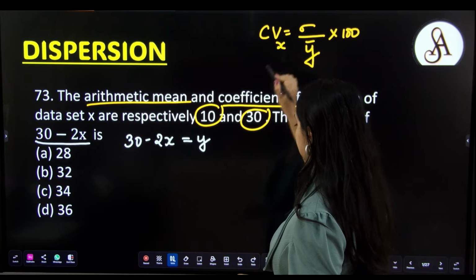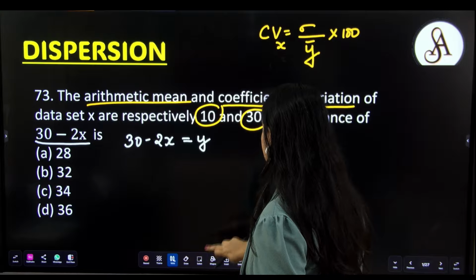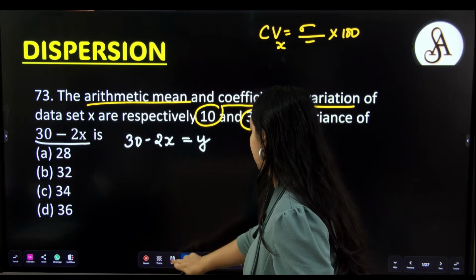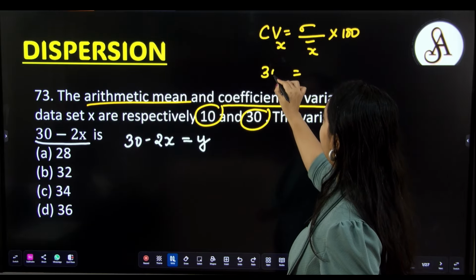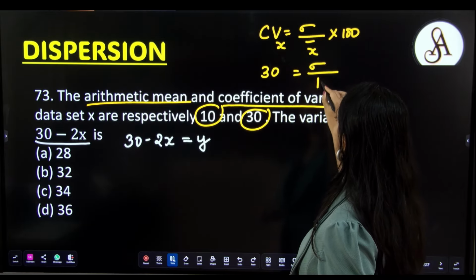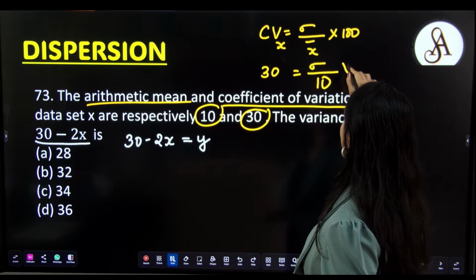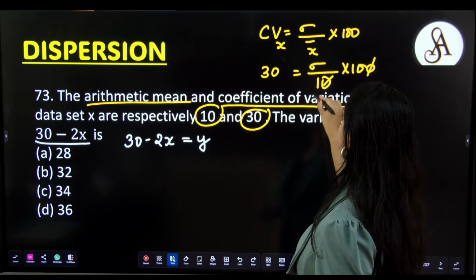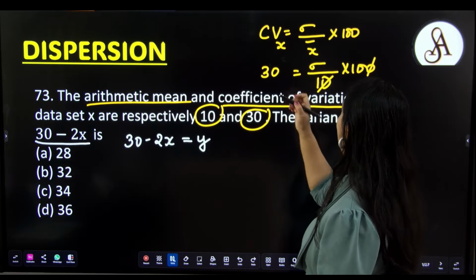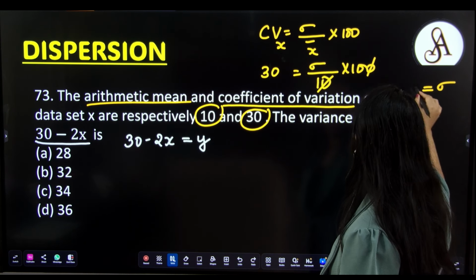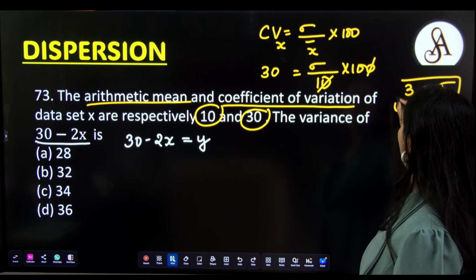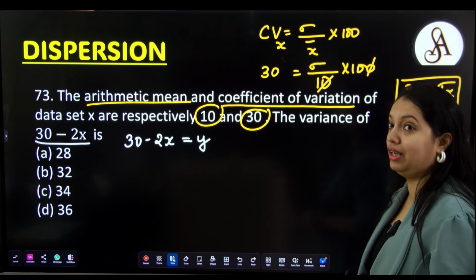So for x, it becomes sigma by x bar into 100, where 30 is equal to sigma divided by x bar, the arithmetic mean value 10, into 100. Cancel 0 and 0. Take this 10 to the left hand side. 30 divided by 10 is equal to 3. What we got is known as sigma x.